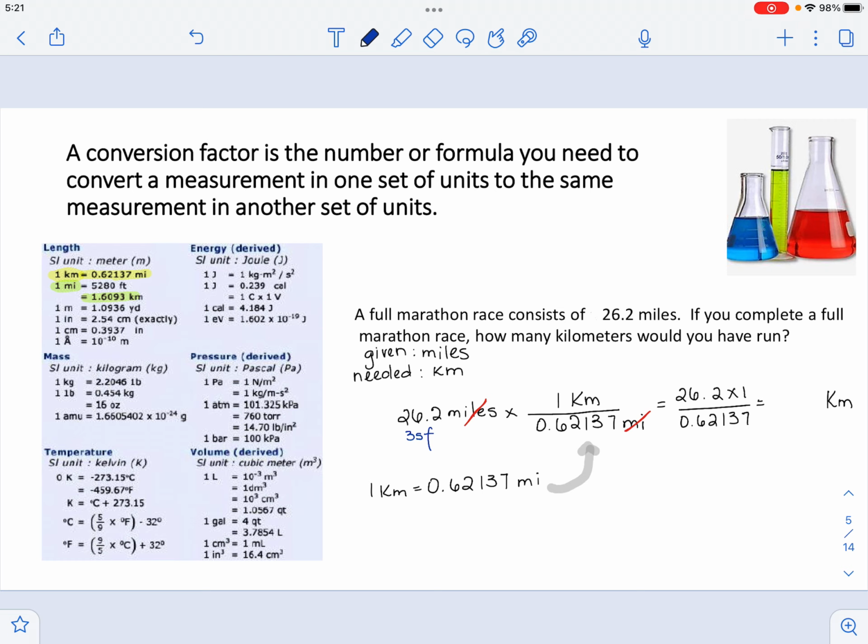So in this case, we need to round those digits to 3 significant figures. And our final answer for this problem is going to be 42.2 kilometers.